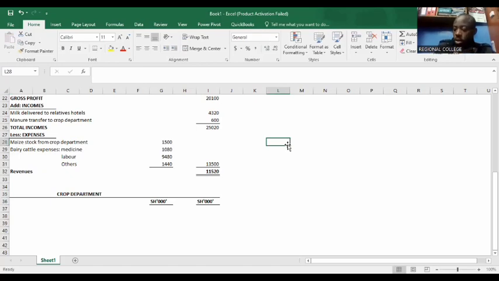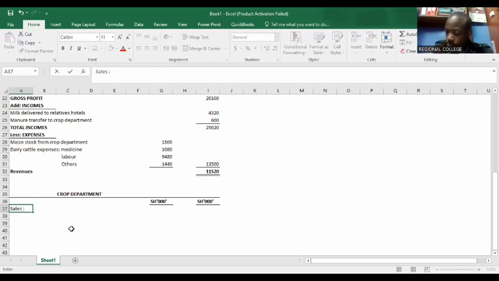So it will be our crop department. Then same story, you start with the sales. You go to your trial balance and check the sales that can go under the crop. Everything for the maize will be taken under the crop.